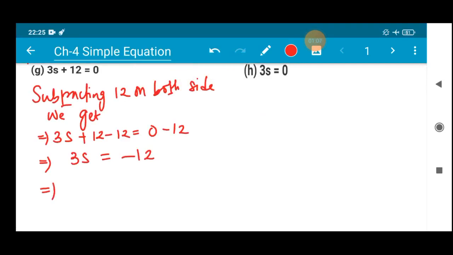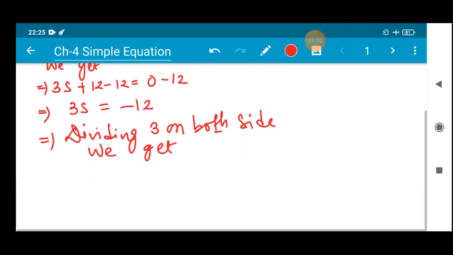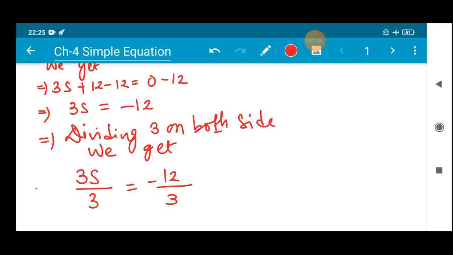Now still the variable is not alone, so we have to neutralize that. As the coefficient is multiplied with the variable, I have to divide it. So dividing 3 on both sides, we will get 3s by 3 is equal to minus 12 divided by 3, isn't it?